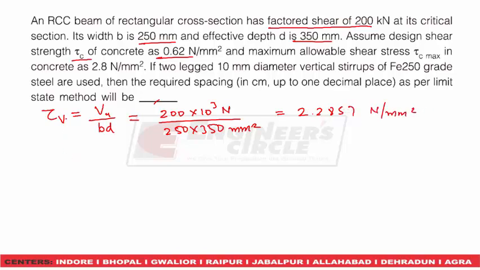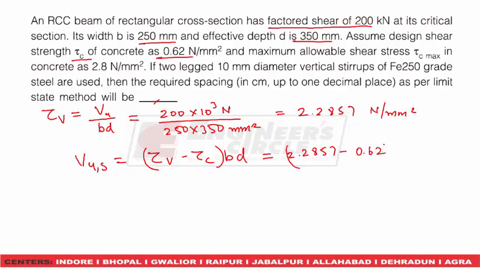Now the design shear force is given by VUS equal to tau V minus tau C into BD. So this will be equal to tau V is 2.2857 minus tau C is 0.62, into BD, 250 into 350.